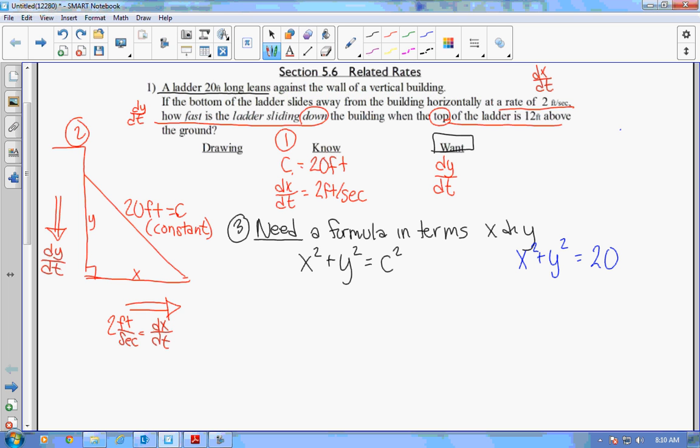You can do the 20 if you want, or you can do a c squared. But in case you forgot c squared is a constant, I'm just going to put c squared, and we'll talk about this in just a minute. So x squared equals c squared minus y squared, square root it. So you get the square root of c squared minus y squared.